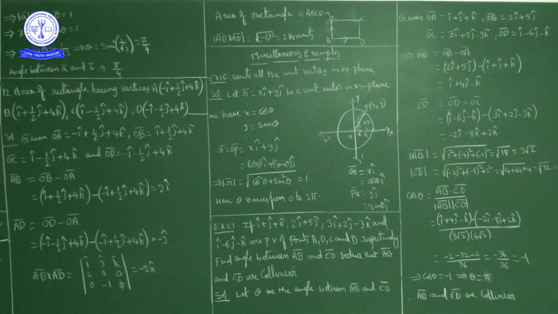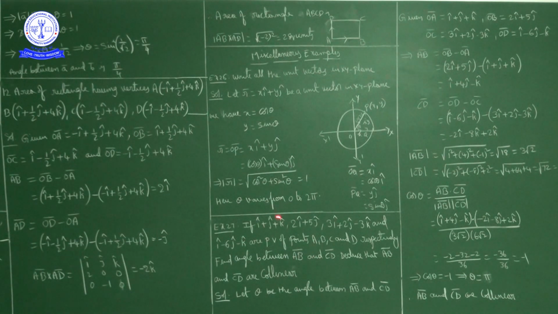Okay. Now what is given here? These are position vectors of A, B, C, D. We have to find the angle between AB bar and CD bar. First of all, let theta be the angle between AB bar and CD bar. What is given here?